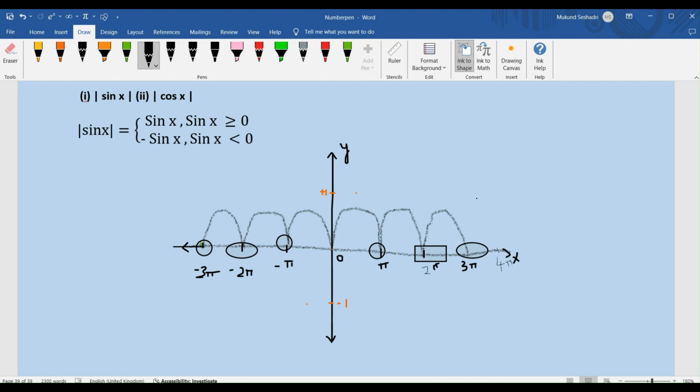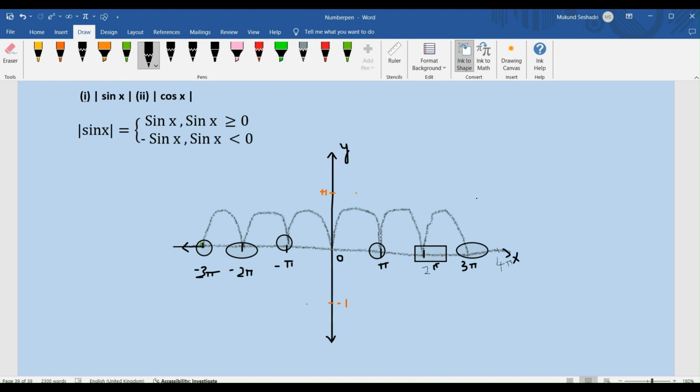So we can generalize this. I know that my function comes to a sharp edge at the point x equals n pi, where n belongs to the integers, be it positive or negative.